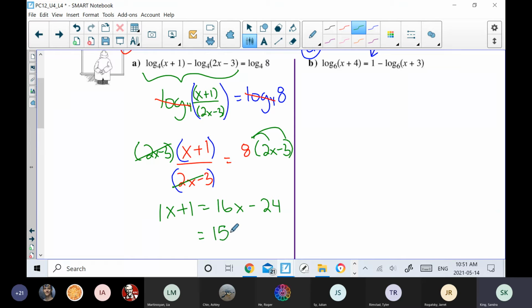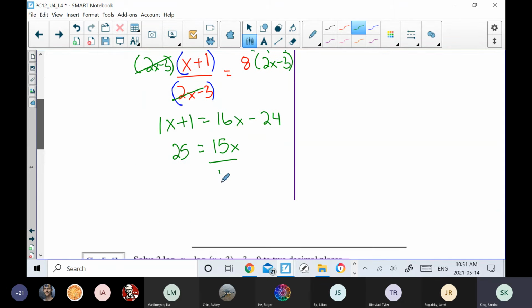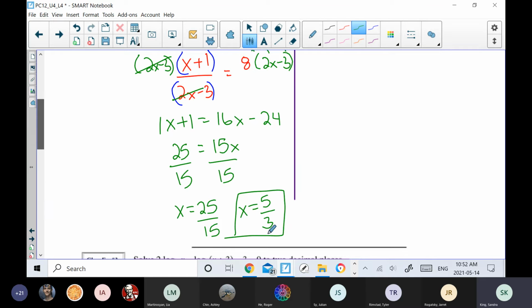That would give me 15 x's. I'm going to add 24 and join it to this 1, and I would get 25. Divide this side by 15 to isolate your x, and we're going to get x is equal to 25 over 15. Let's reduce that. 5 goes into 25 5 times, and 5 goes into 15 3 times. My answer is 5 over 3.